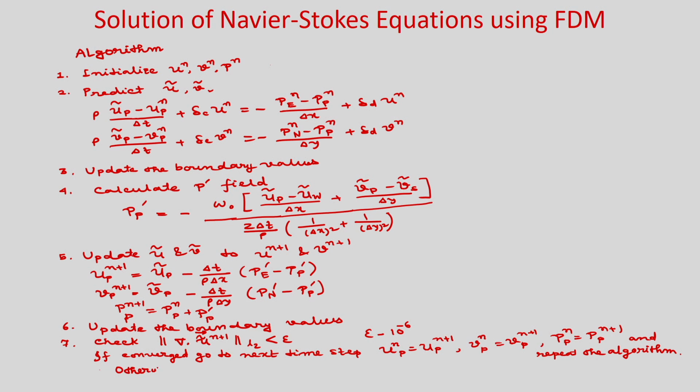Otherwise, repeat steps 2 to 6. So, you do not update the values, you repeat 2 to 6 till convergence. So, you can see this is the algorithm you have to follow to solve these equations.